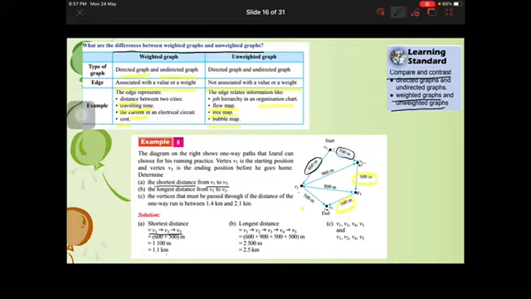We will get 1.1 kilometer. B, the longest distance, like I said just now, from V1 to V2, then V2 to V3, V3 to V4, then only V4 to V5. So we will get 2.5 kilometers.